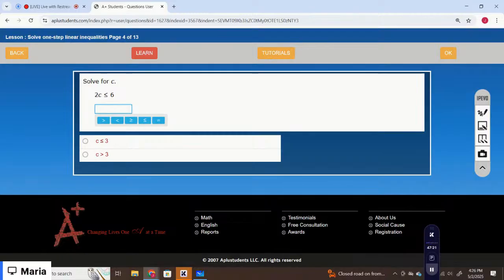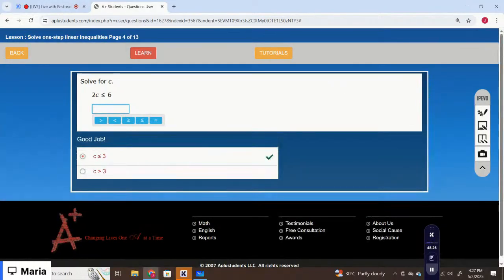C is less than or equal to 6. That is C is less than or equal to 3.